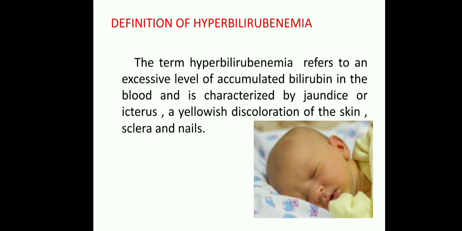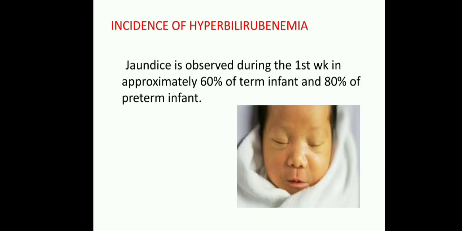This is the definition of hyperbilirubinemia or neonatal jaundice. Coming to the incidence, during the first week approximately 60% of term infants are affected, and 80% of preterm infants have this hyperbilirubinemia.